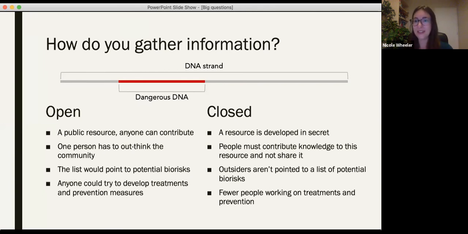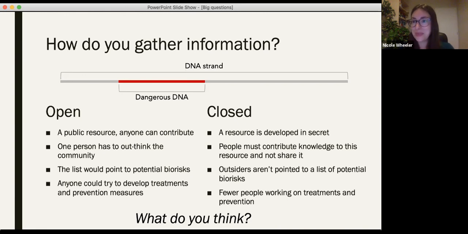I wouldn't tell the media. I would keep it to myself. A challenge there is in figuring out why scientists would do that when it's not very good for their careers. But the benefit, of course, is that we're not creating a big list of dangers that any outsider could look at. But along with that, we might have fewer people working on treatments and prevention measures around those dangers.